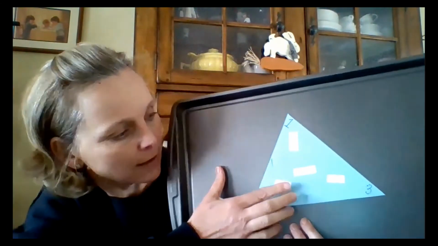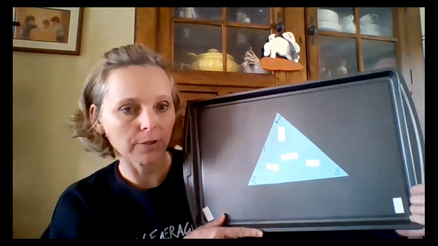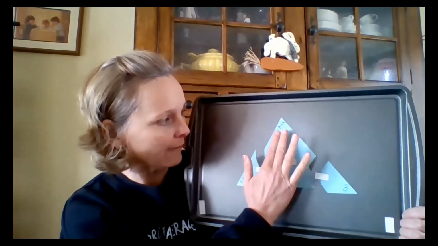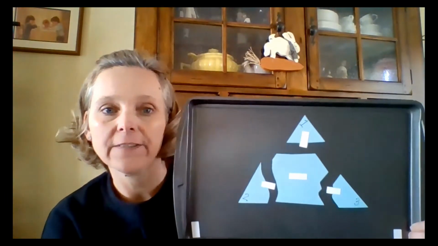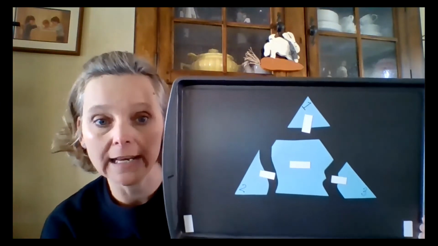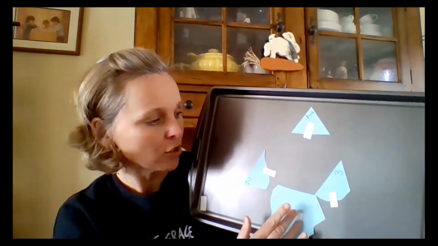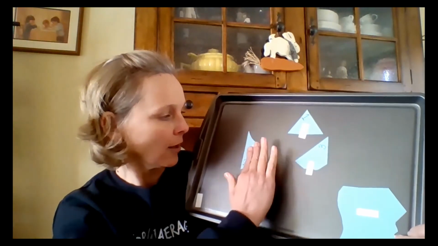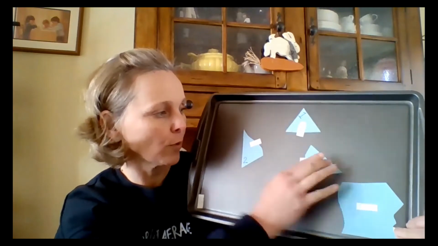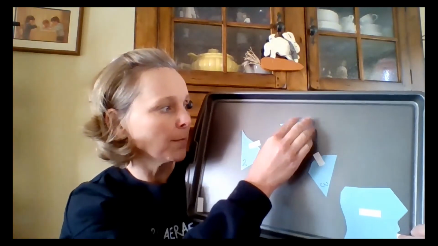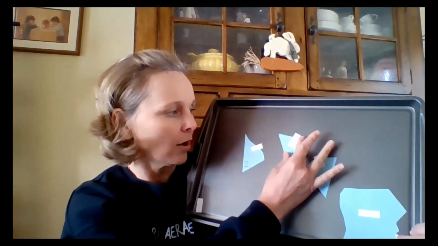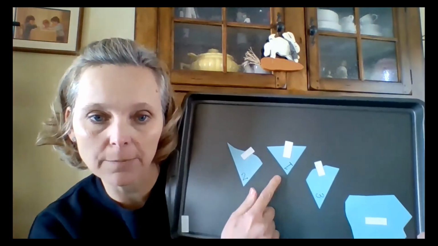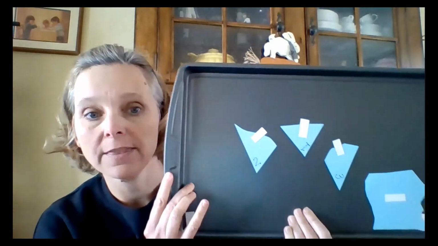Let me get comfortable here with my cookie sheet. If I were to cut these corners off, and take the angles of that triangle and make them adjacent to each other like they asked us to do, I'm going to rotate them a little bit so that the numbers are all on the bottom, because the corners with the numbers were the actual corners of the triangle.